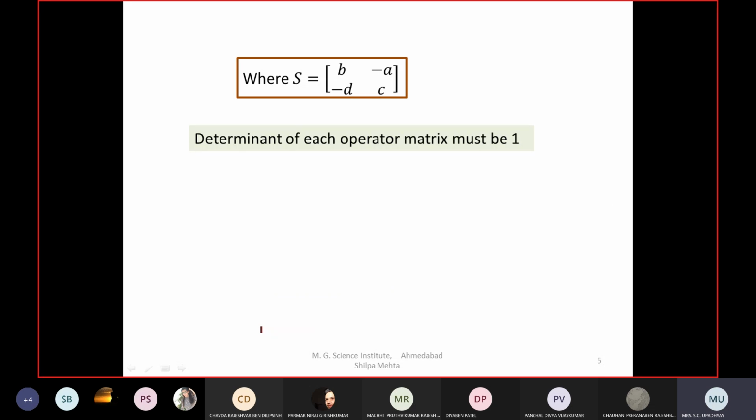All these matrices have determinant value equal to 1. So the condition is: determinant of S is equal to AD minus BC, and it is equal to 1.